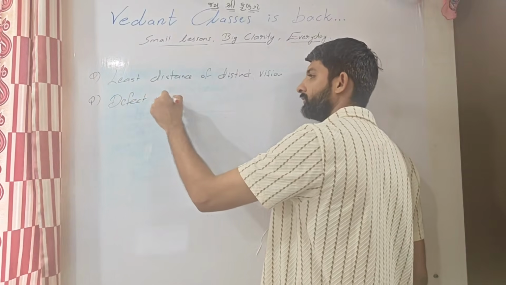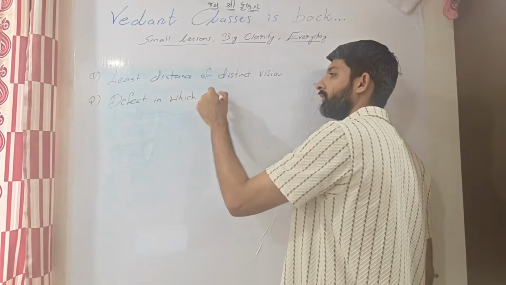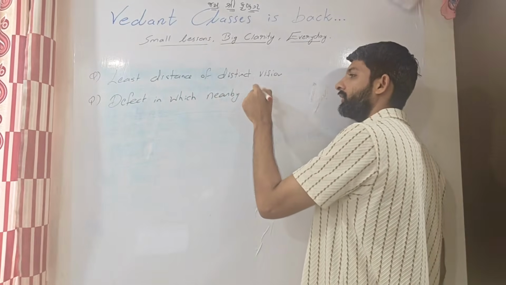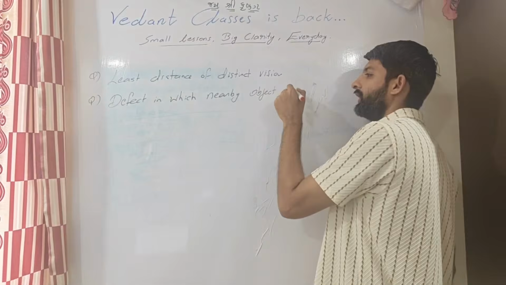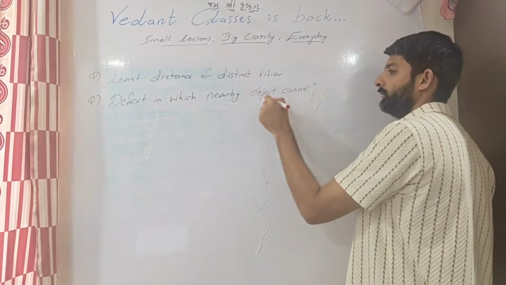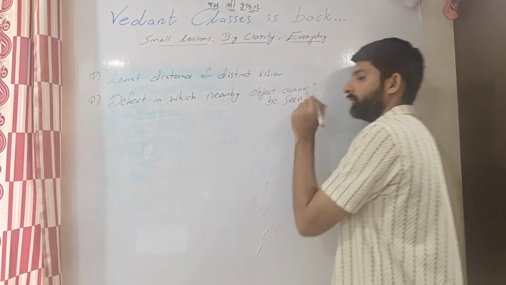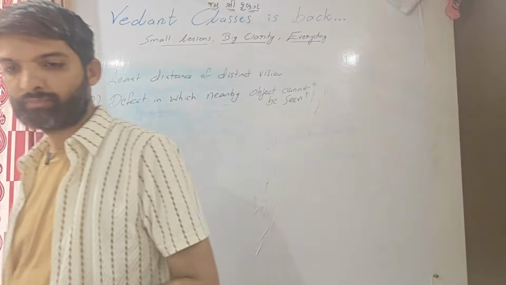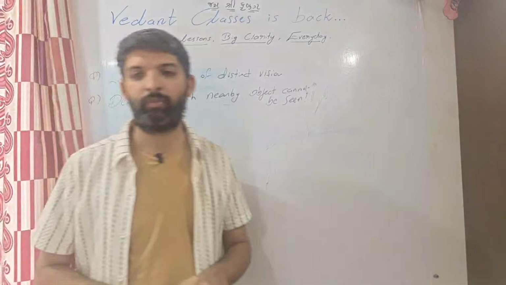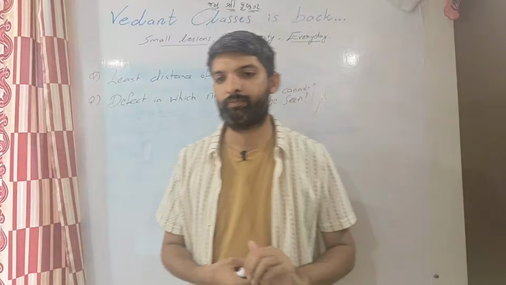Defect in which nearby object cannot be seen. Which is the defect in which nearby object cannot be seen?